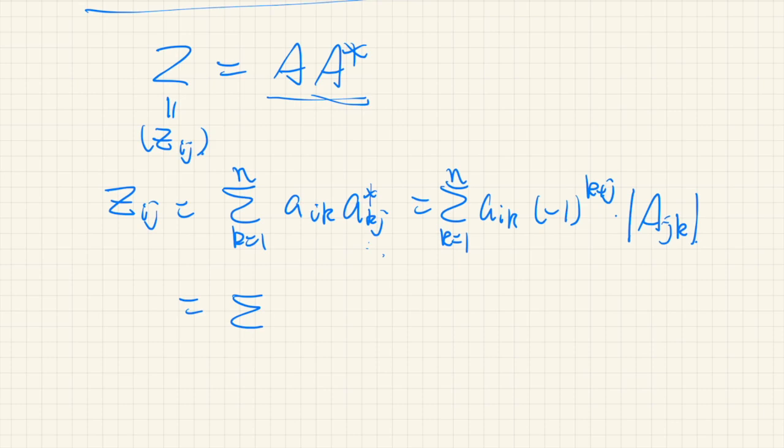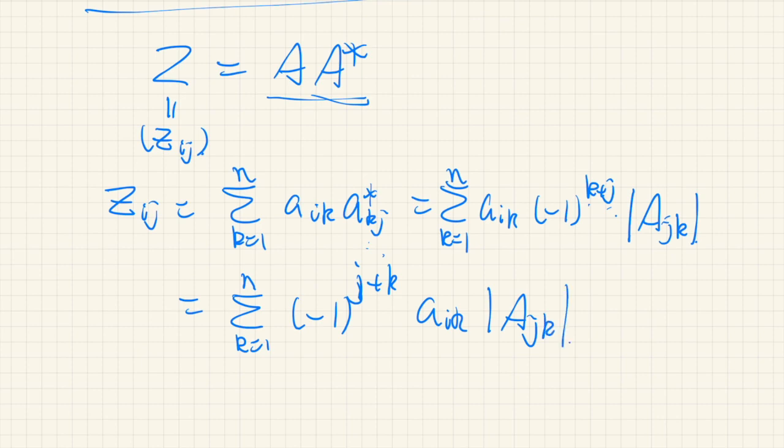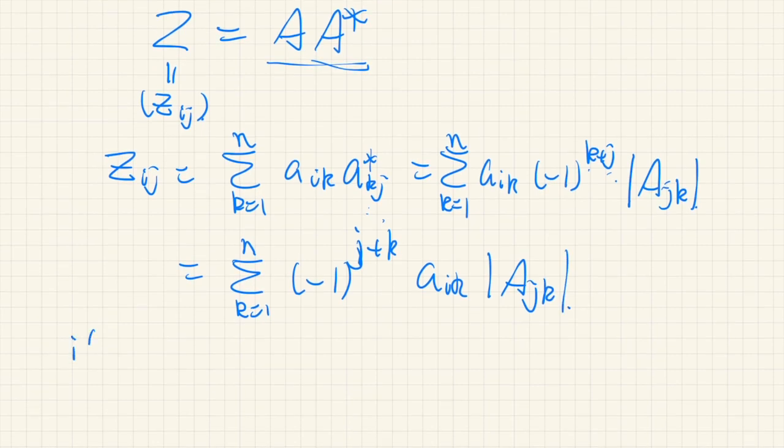So this looks almost like the definition of the determinant of some matrix. So kj, jk, okay, and aik and ajk here. So if i is equal to j, then what we have is this.